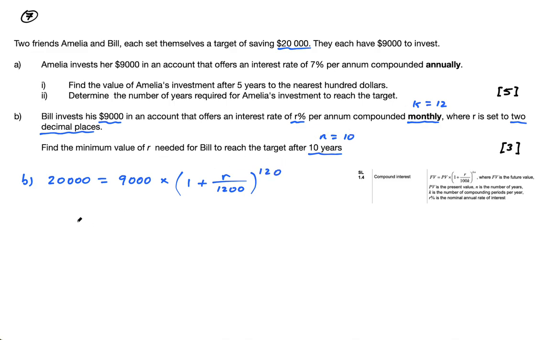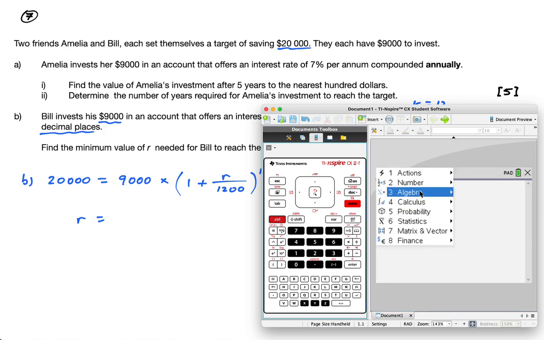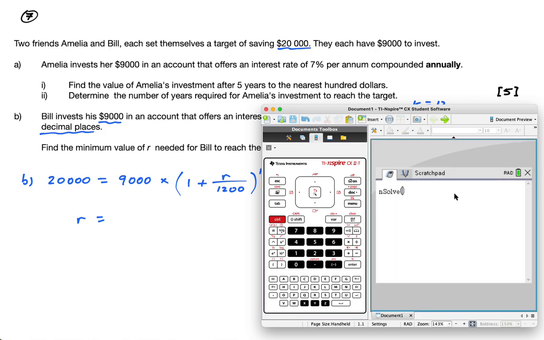Now, normally, guys, I would say straight away sub this into nsolve and get yourself a solution. However, watch this. I just did that. I've just done this video already and something weird happened. So 20,000 equals 9,000 times 1 plus r divided by 1,200 to the power of 120.